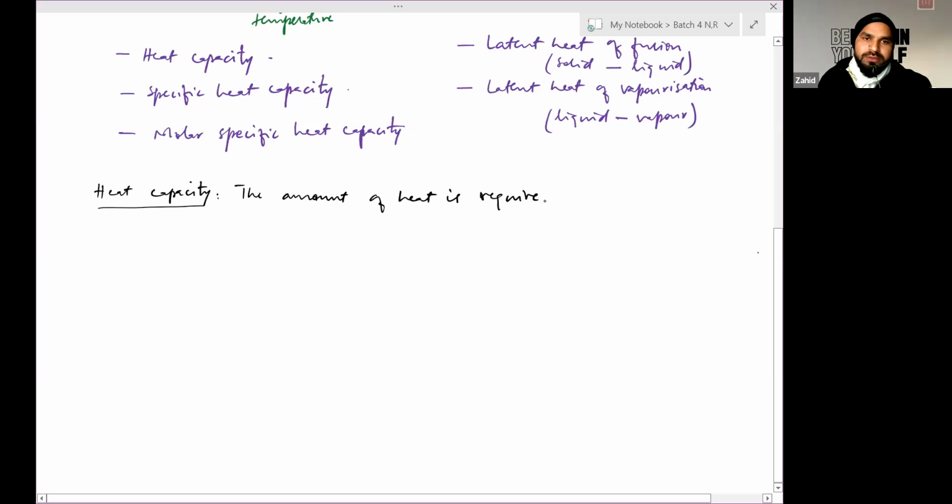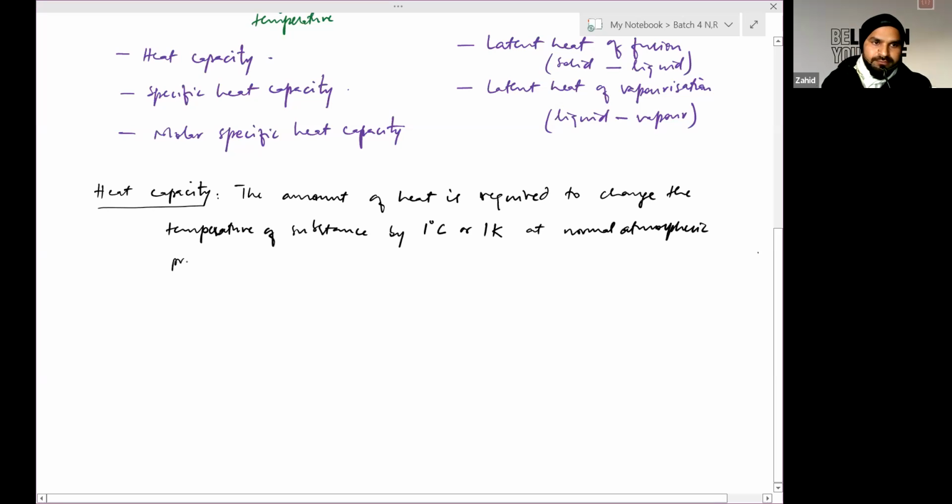So heat capacity is the amount of heat required to change the temperature of any substance by 1 degree Celsius or 1 Kelvin at normal atmospheric pressure.